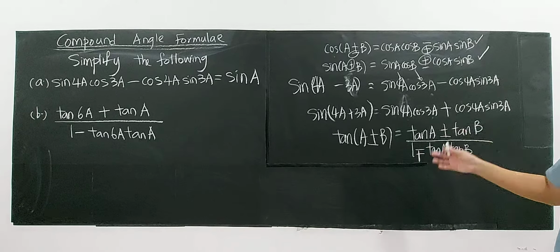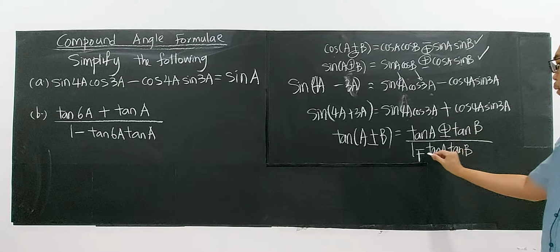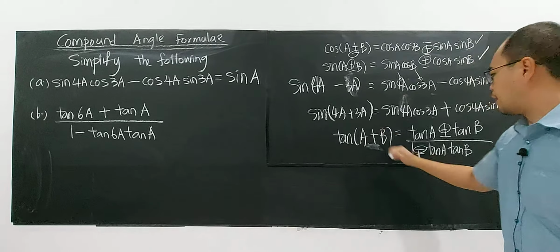We have plus on top and minus on the bottom, so I use the formula for tangent(A plus B).